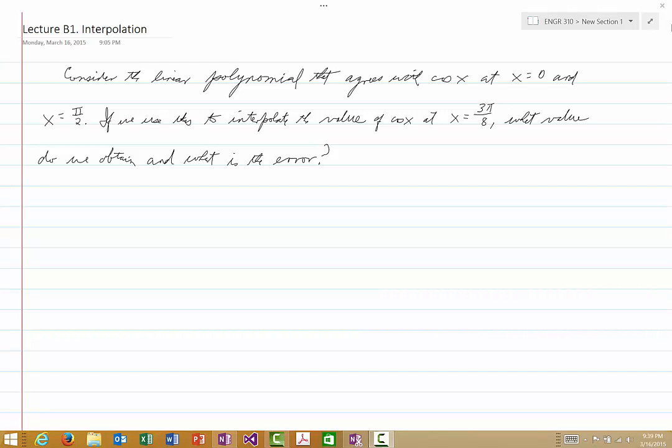And to illustrate this idea, let's look at an example. Now, I'm going to look at a couple of examples here, and if you look at the problems at the end of section 19.3, you will notice that the examples that I'm looking at are related, let's say, to problem 7 at the end of section 19.3.